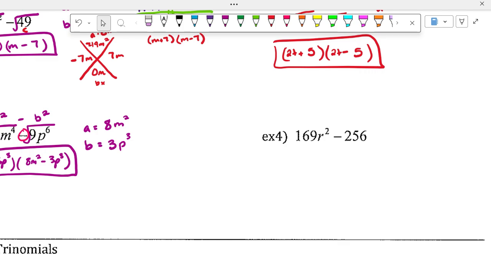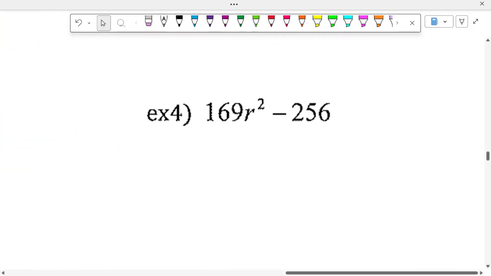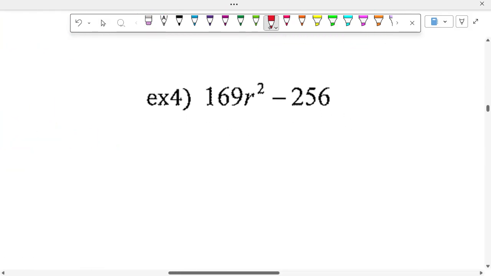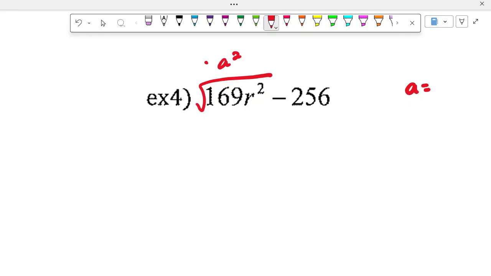All righty, my dears. Let's come back together. So let's go with Nick. Is 169r squared a perfect square? Yes. So that's a squared. So if I took the square root of that, Nick, what do I get? 13r. All right, let's go with Wendy.